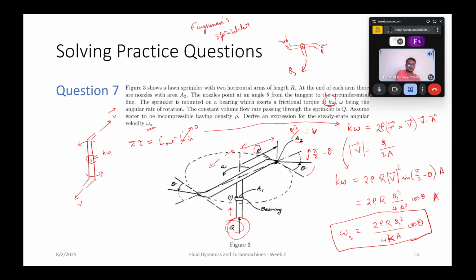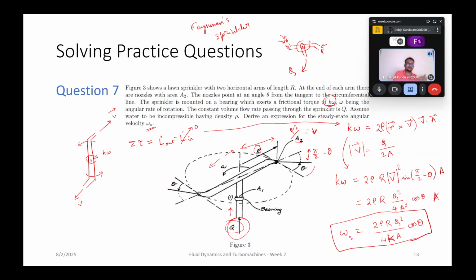But that's not the case in reality. What happens is something much more complicated. There could be multiple scenarios. One is the whole direction of rotation could get reversed. Another way of thinking is that since flow is coming in and hitting it over here, it should cause the sprinkler to still rotate in the same direction it was rotating earlier, right?